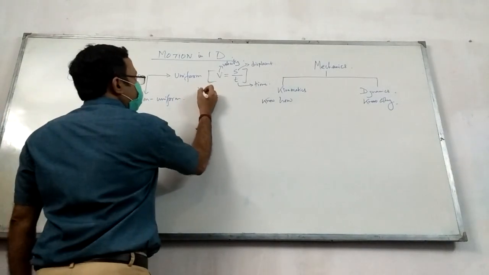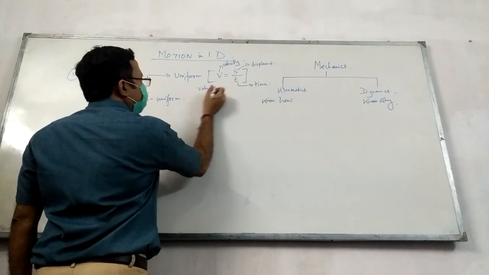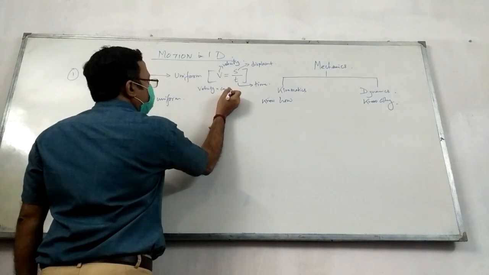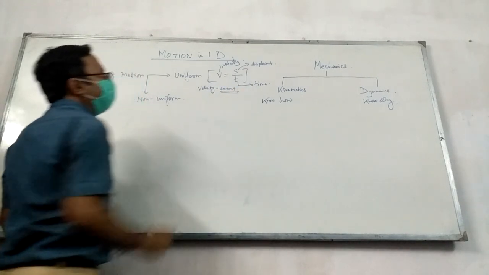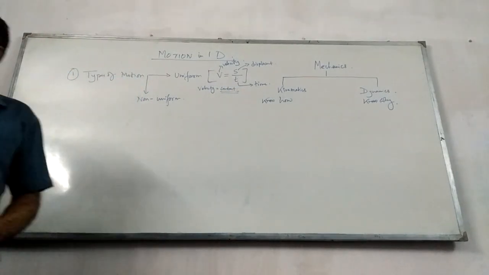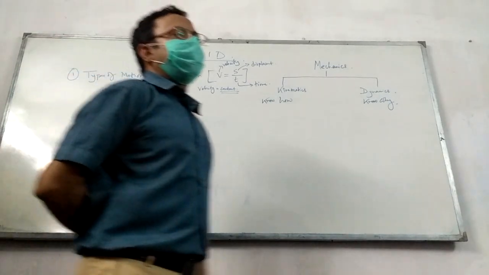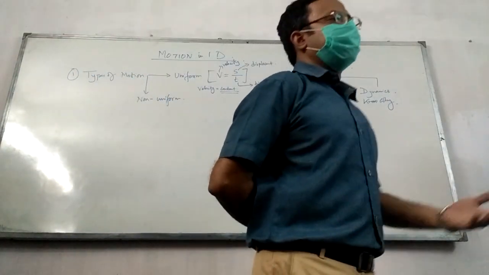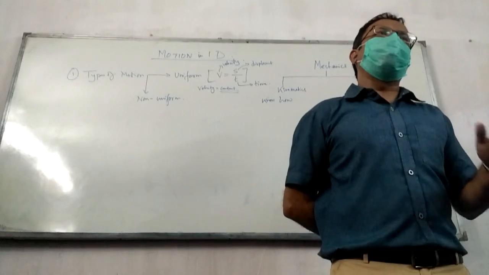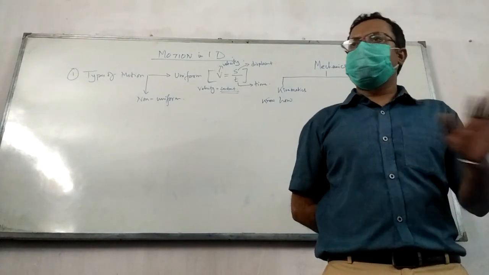And the velocity is constant. That is what you call uniform motion. The funny thing about uniform motion is that if you ask for the velocity at any instant, it remains the same. It does not change.